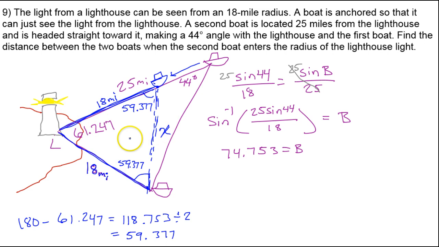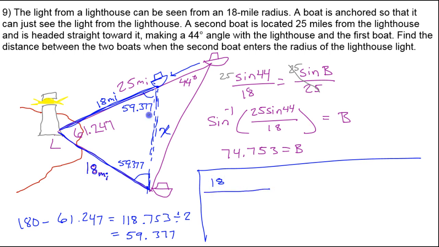Okay, so now I should be able to do the law of sines to find this side. Because I'm looking for a side, I'm going to put sides in the top of my law of sines. So I can do 18, for example. That's a side. So I'm doing 18 over the sine of 59.377.